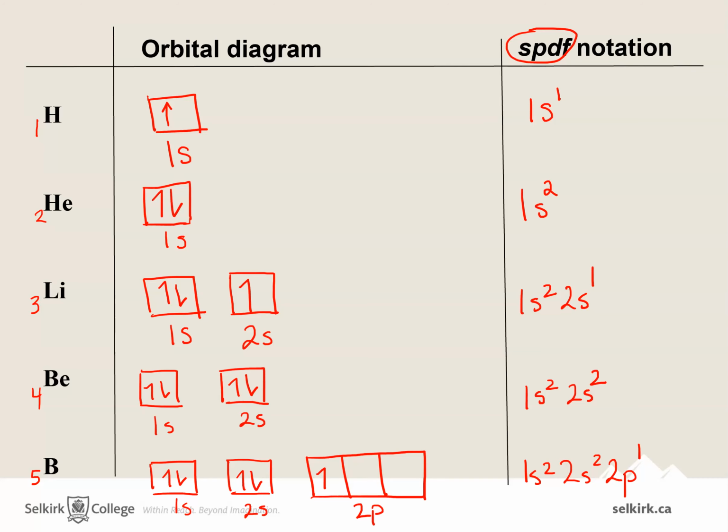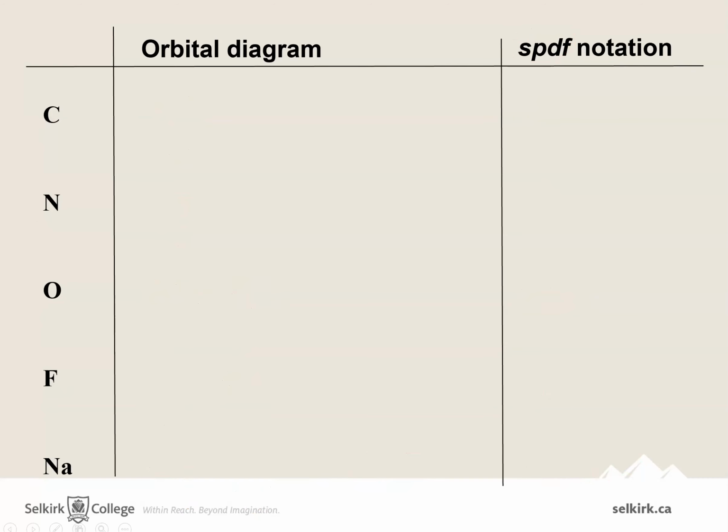All right, continuing on. Carbon, atomic number 6. Nitrogen, 7. Oxygen, 8. Fluorine, 9. And sodium, I skipped one, that's 11. For carbon, 1s can hold 2. 2s can hold 2.